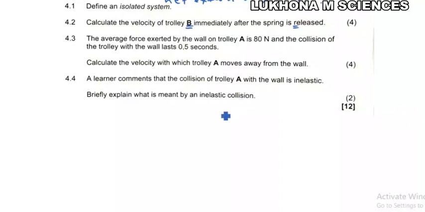Meaning that the sum of the momentum before is equal to the sum of the momentum after. That is before the spring is released and after the spring is released.